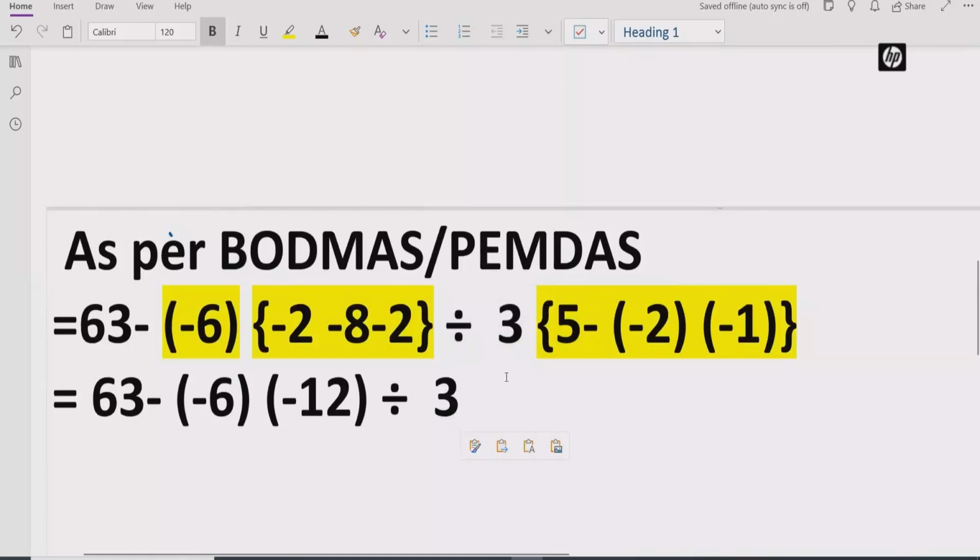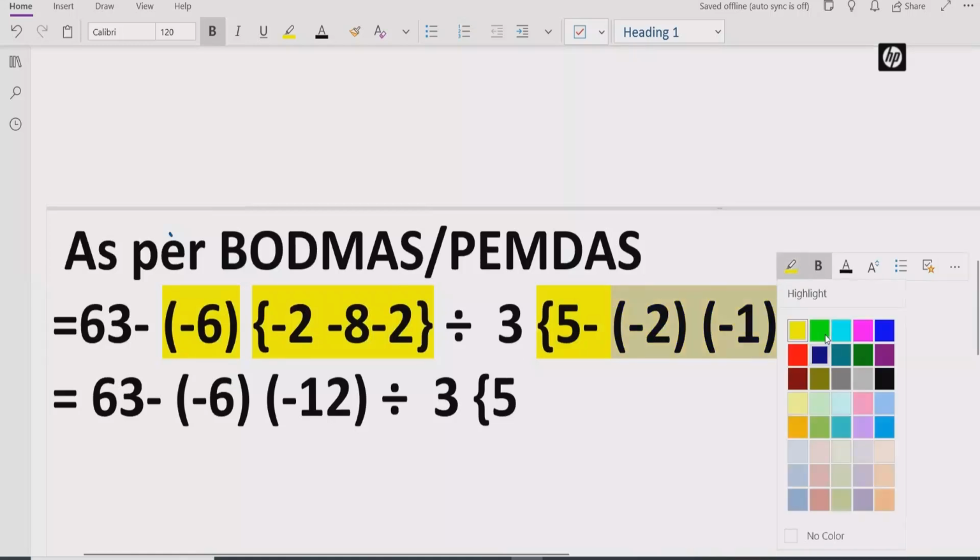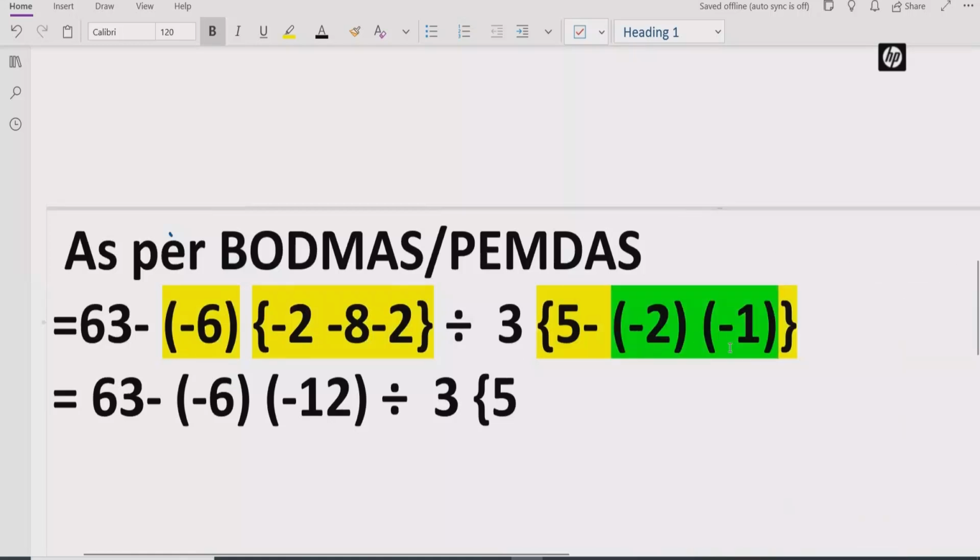Now we will solve this part, but before that we solve the inner bracket. Here we have -2 -1, and this sign is minus for this one, so -2 -1 is 2. Basically minus plus, and 2 1 the 2. So here the answer is 2.